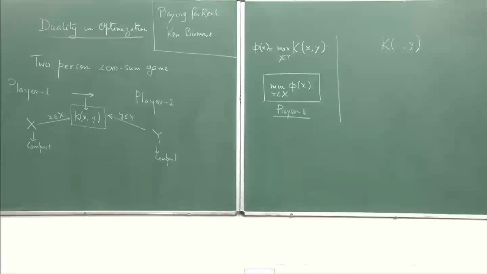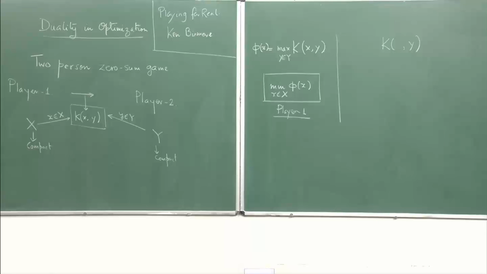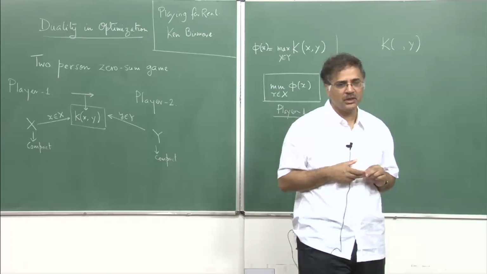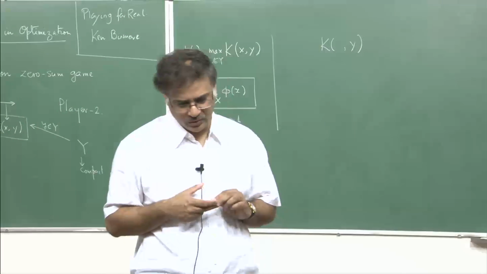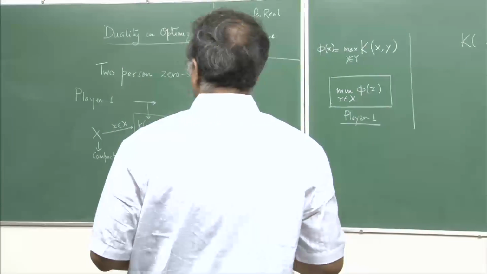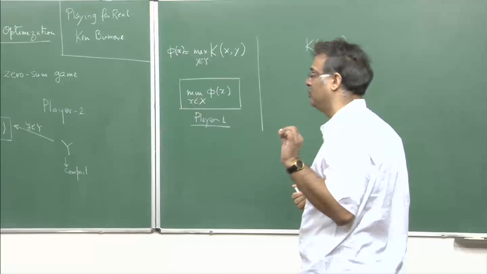Once he has made his move y, he obviously does not know what move player 1 is going to make. Player 1 can make any move x from his set X. The important part is that he knows he is going to get k(x,y) amount of money for every x, but he also wants to know the minimum amount he can extract from player 1.